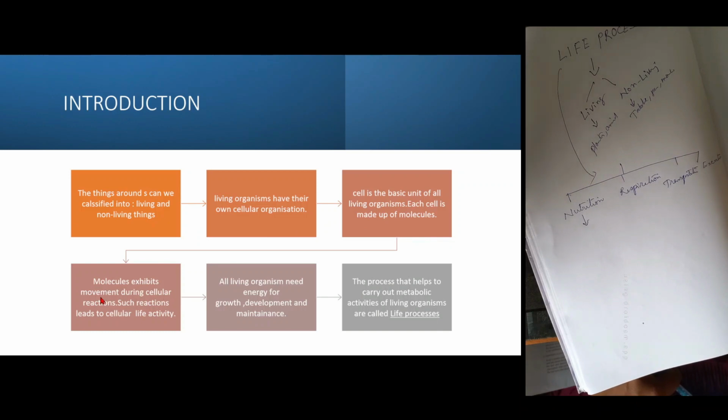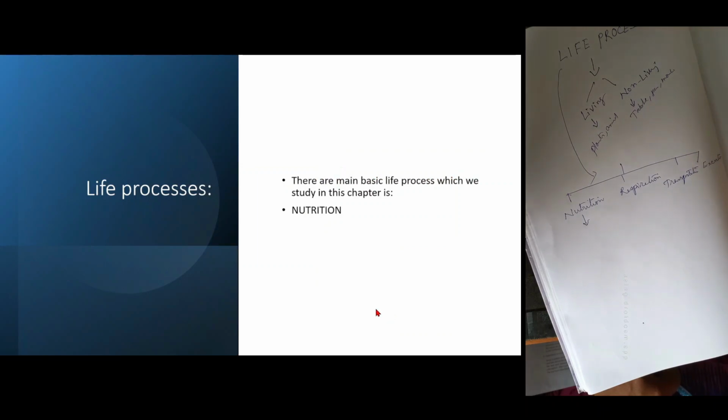These molecules exhibit movement during cellular reactions. Such reactions lead to cellular life activity. All living organisms need energy for growth, development, and maintenance. The processes that help to carry out the metabolic activities of living organisms are called life processes.